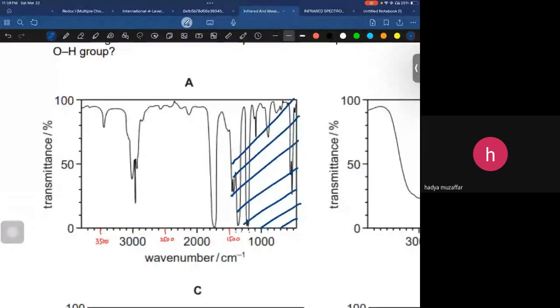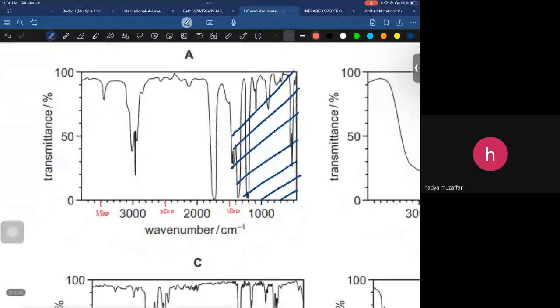This peak is present at approximately 1750. And this is also a peak, from approximately 2800.